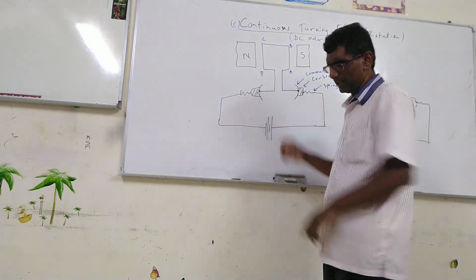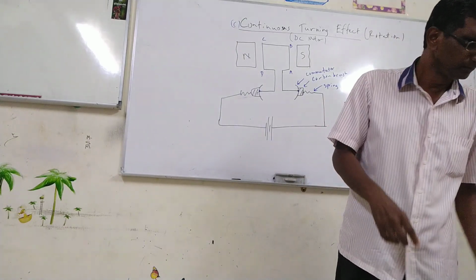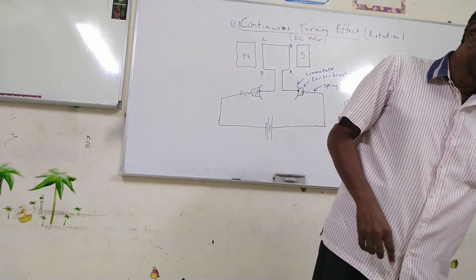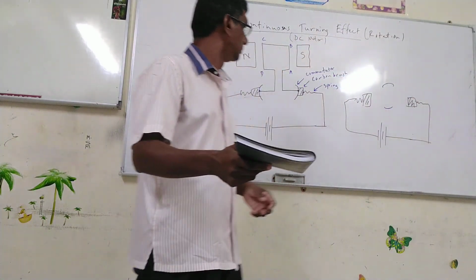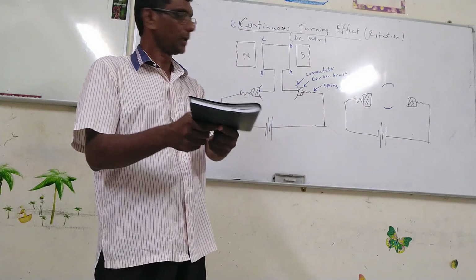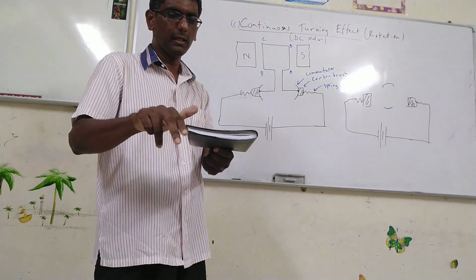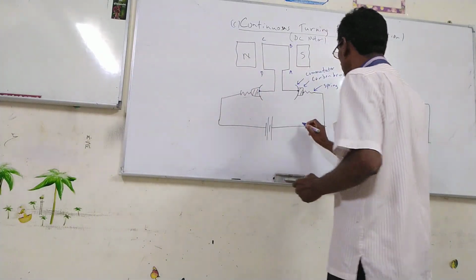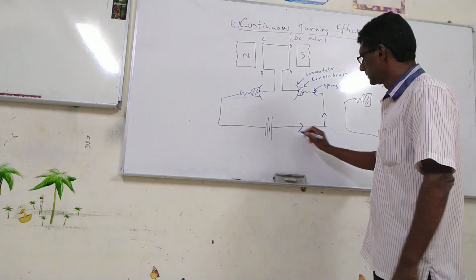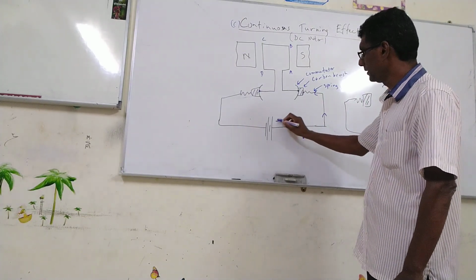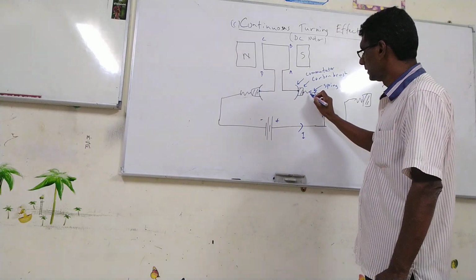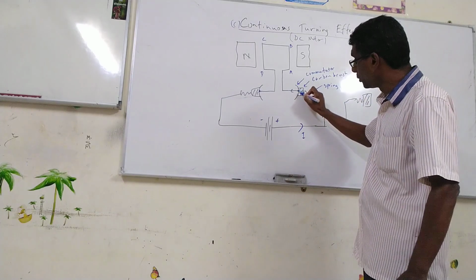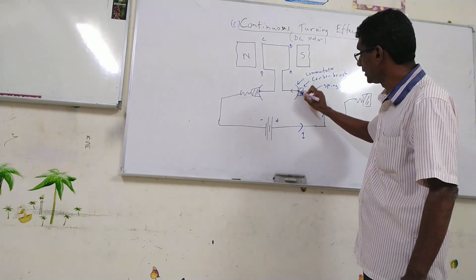Now we learn this. North and South Pole. A B C D. A B, current going out, going in. This current passes from the positive battery, through the spring, through the carbon brush, and goes through the commutator, like C steps.